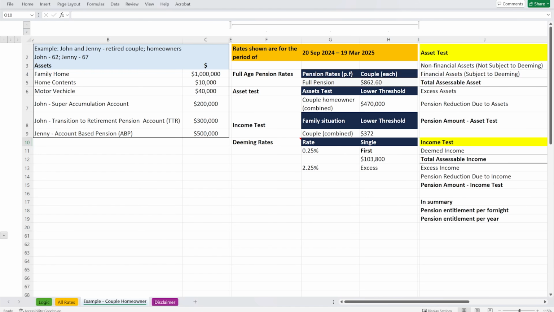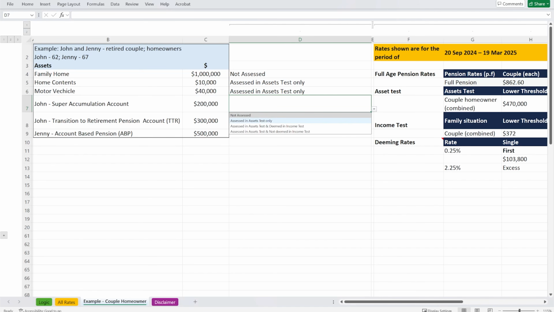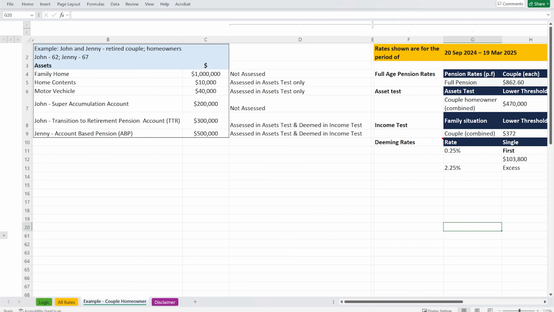Let's start with the assets test. Their principal residence is not assessed. The home contents and car are assessed as non-financial assets under the assets test only. Since John is under 67, his $200,000 super accumulation account is excluded from both the assets test and the income test. However, John's TTR pension and Jenny's account-based pension are considered financial assets and are fully assessable.